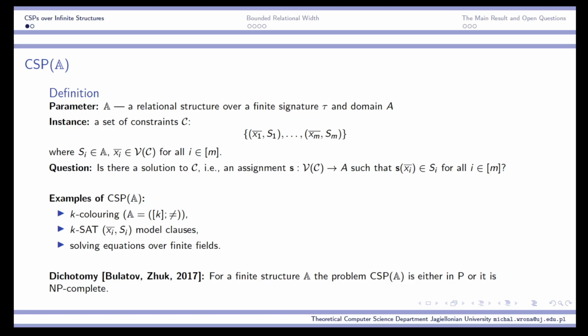So the class of constraint satisfaction problems over finite structures omits NP-intermediate problems. And it was proved independently by Andrei Bulatov and Dmitriy Zhuk 3 years ago. There are two different proofs, but they both use the so-called algebraic approach and both confirm the algebraic dichotomy conjecture.